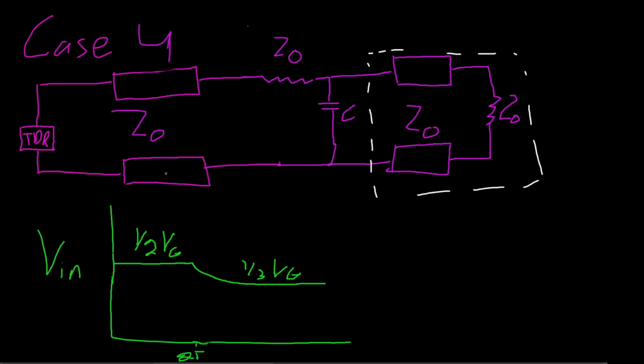The transmission lines disappear, so it's going to be resistor, resistor, and ZG, and it'll be 1/3 VG.